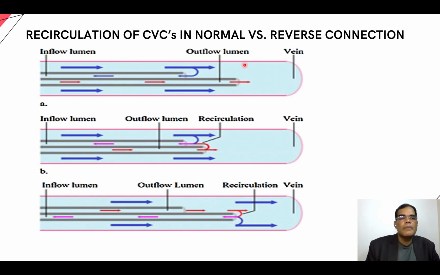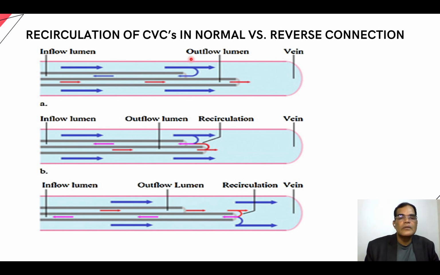So this is the normal scenario where blood is sucked into the catheter for dialysis circulation. It will come like this, and after the dialysis, it will be returned back to the patient through this lumen.